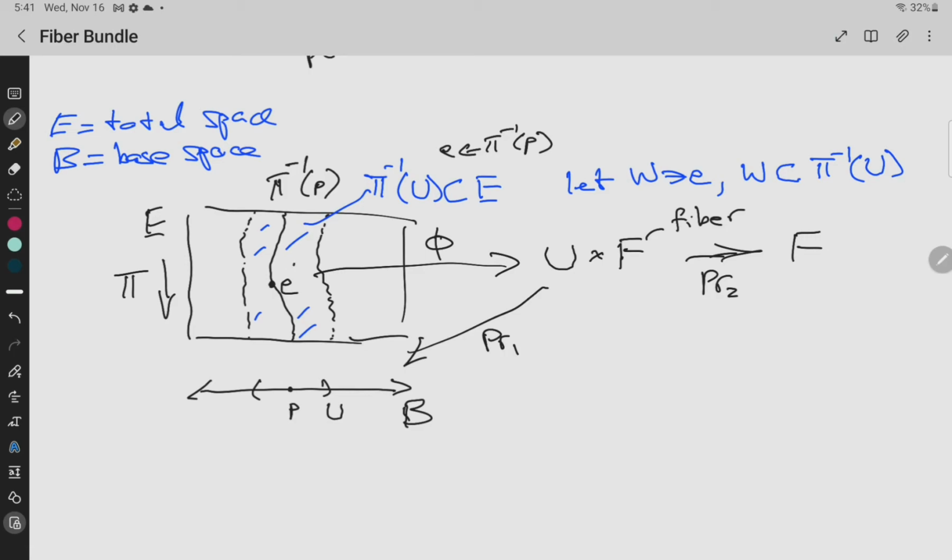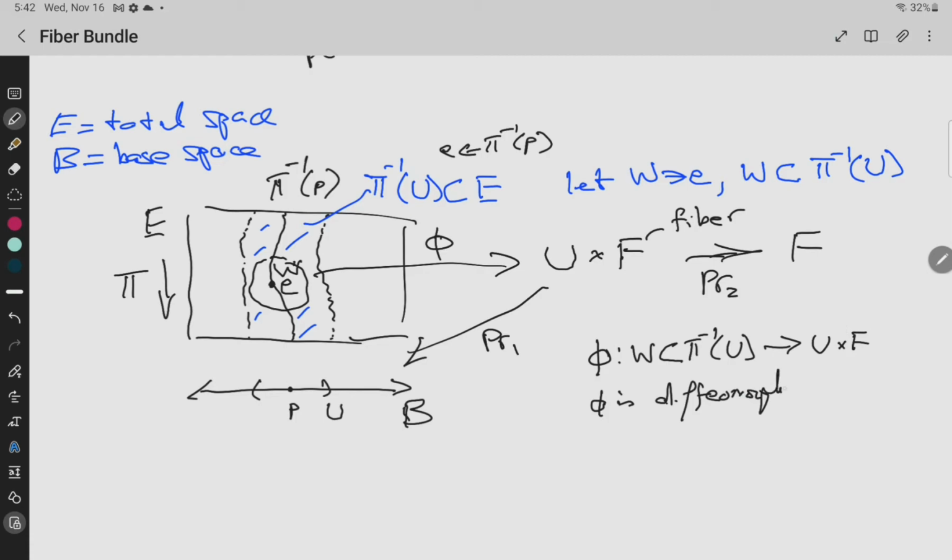And of course there's a projection two, which maps onto the second factor, so it maps out the fiber F here on the right hand side. And then you have W, containing e inside your total space. So right now, the homeomorphism here is a mapping from W, which contains e, into U Cartesian product F, and of course it's a diffeomorphism or homeomorphism, depending on the nature of the chart.